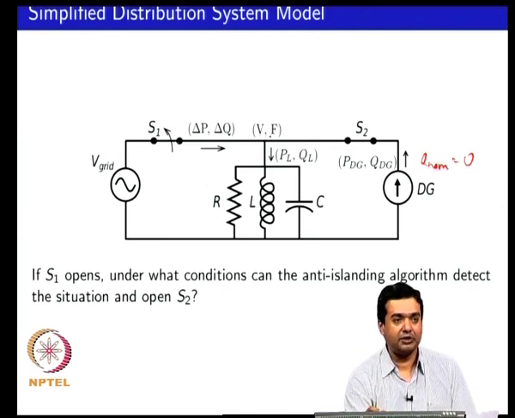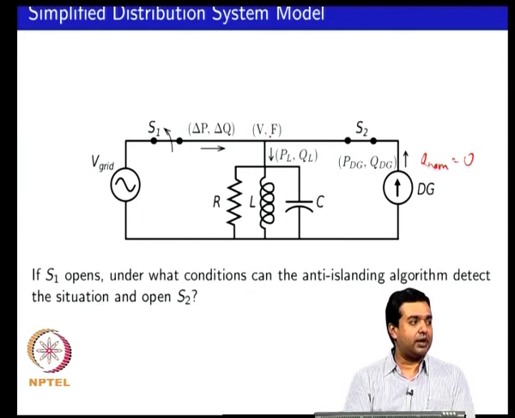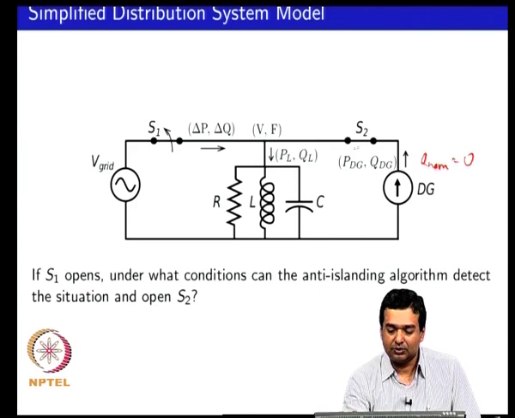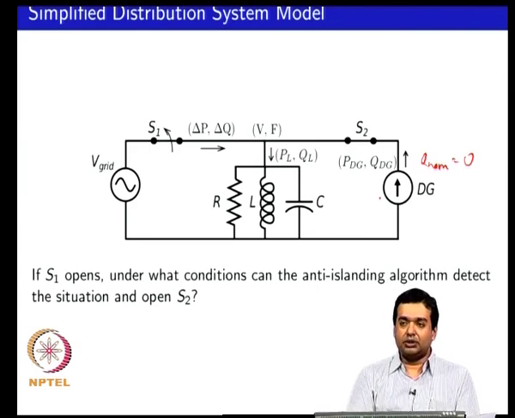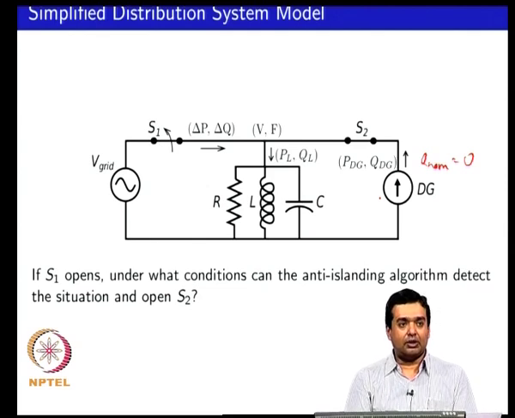Your V and F will continue to be where they originally were, which means that any method that's measuring your voltage and frequency to open the circuit breaker of the DG would not be effective. So, having small values of delta P and delta Q would mean that methods with pure voltage or frequency measurement would not work.